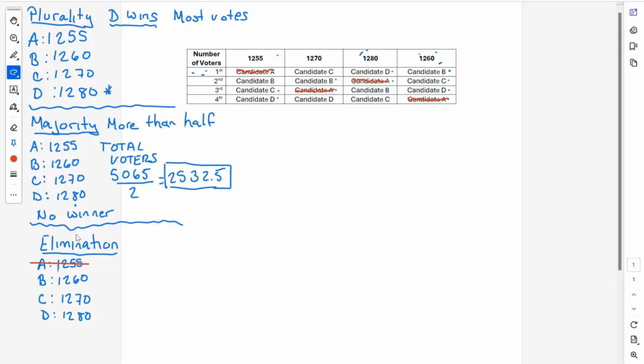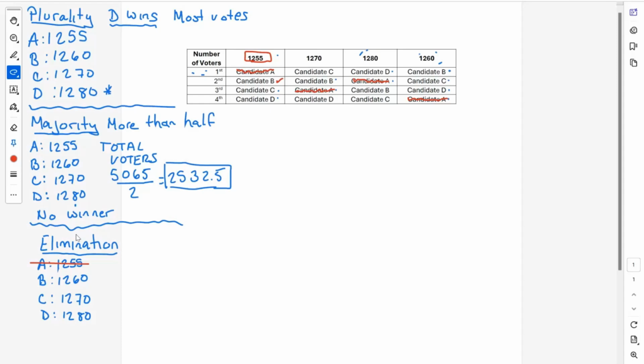And it's not going to shift the votes much, except for these 1,255 people. Their preferred option is no longer available. If candidate A never was part of the election, then these 1,255 people would have put candidate B as their first choice, because it was their second choice.